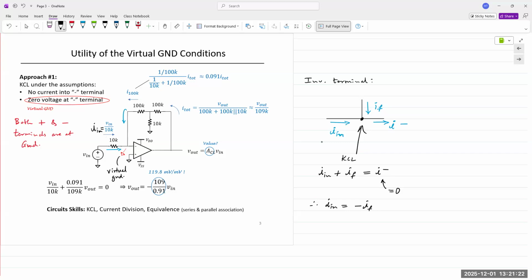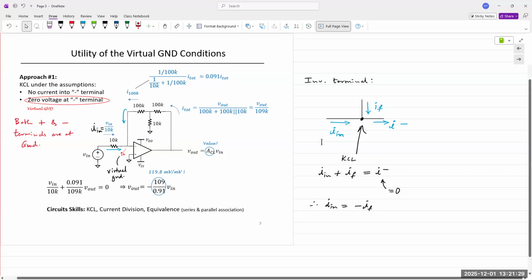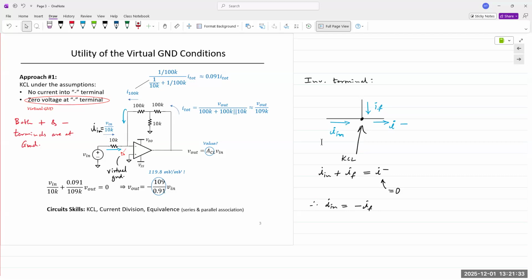And then here we have the total current coming through, and it's divided between 3 resistors, 100 kilo ohm resistors and one 10K resistor. The feedback path can be comprised of 1 resistor, 2, 3, 4, 5, 6, 7. However we want to configure it, doesn't really matter.